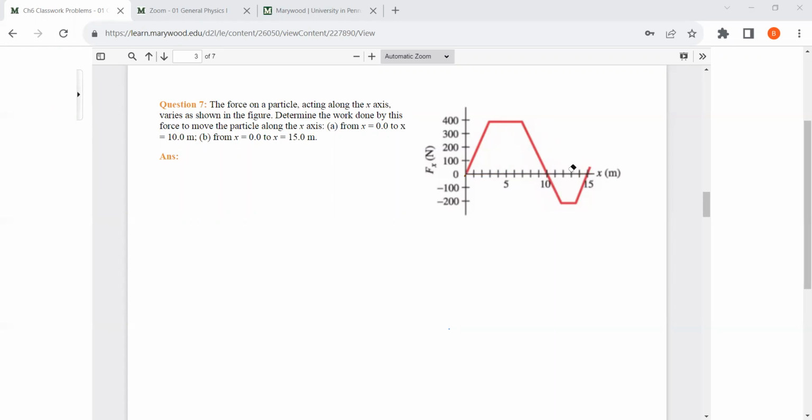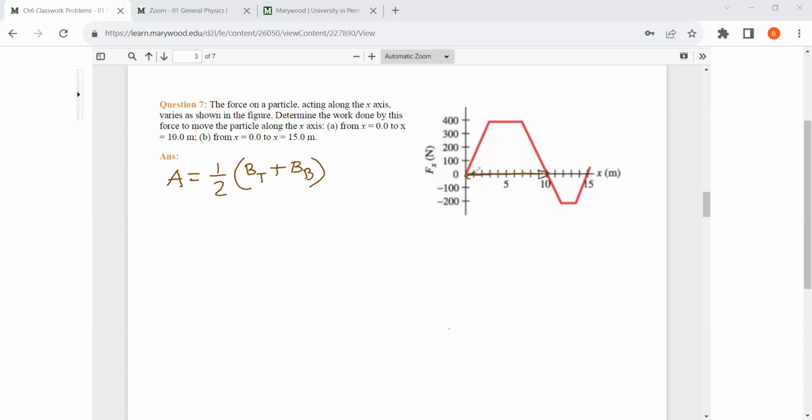So what is the area of a trapezoid? If you remember, good; if you don't remember, just Google it. The area of a trapezoid is half times the top base plus the bottom base, times the height.